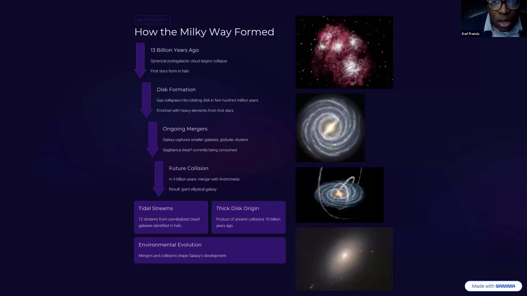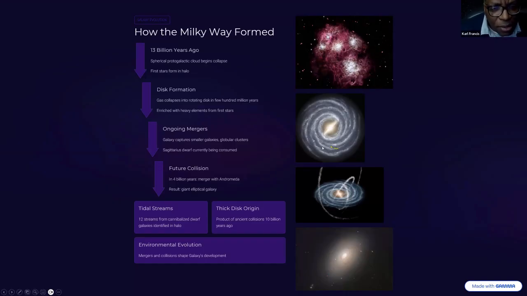It's mainly just hydrogen and helium gas, right? The gases collapsed into a rotating disk, and it took about a few hundred years, all right, and enriched with heavy elements from previous stars. We started a long time ago. So we've had stars that have gone through their life cycle and built heavier elements and released them. They stayed within that system.